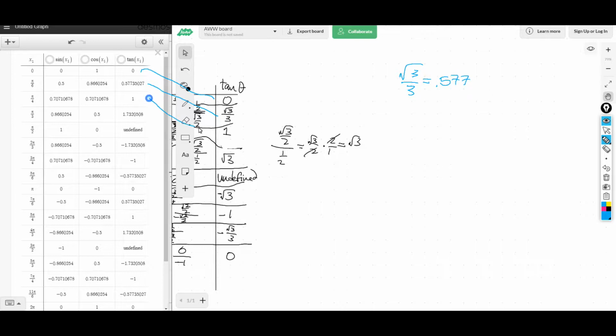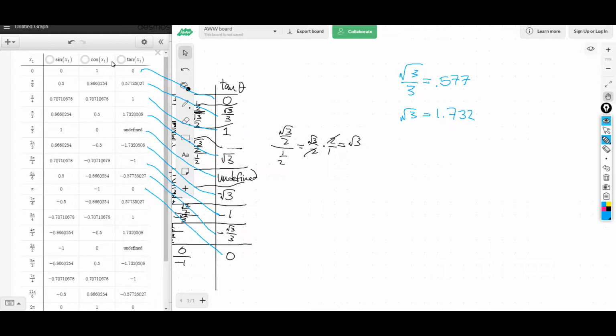We have 1, and then square root of 3 is 1.732, and then undefined, and then negative 1.732, negative 1, negative 0.577, and notice I'm approximating, and then 0, and then if you look at the next value, it's 0.577, 1, 1.732.